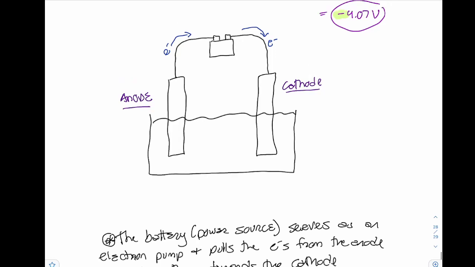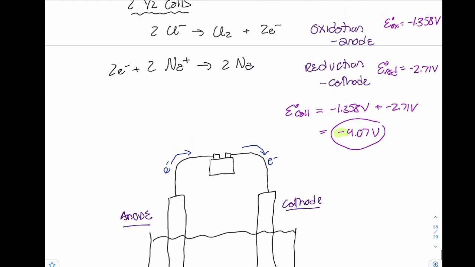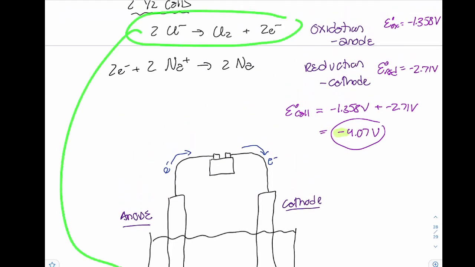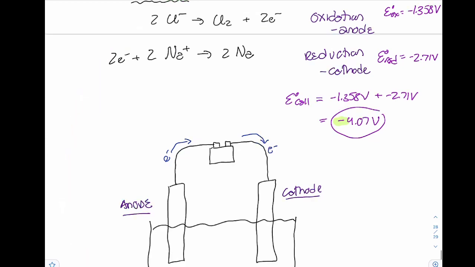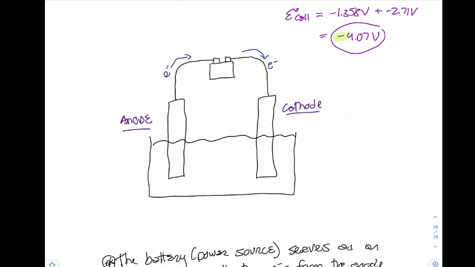So my anode, we said, was still our oxidation, so I'm just going to write this reaction down here. My cathode is still my reduction. So on this side, I have my 2 chloride going to chlorine gas plus my 2 electrons.